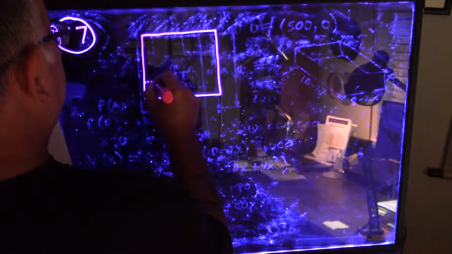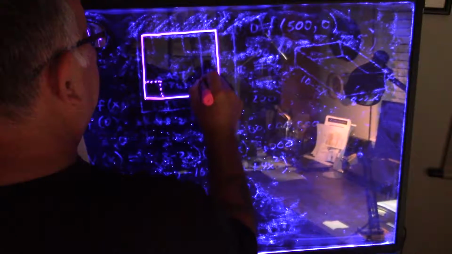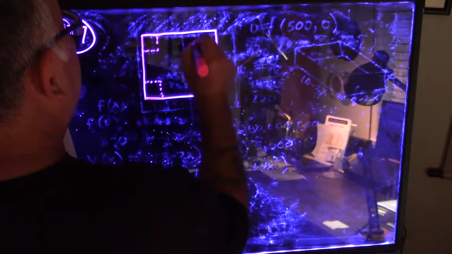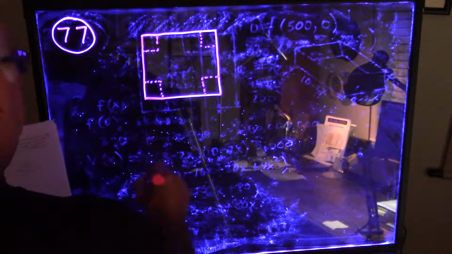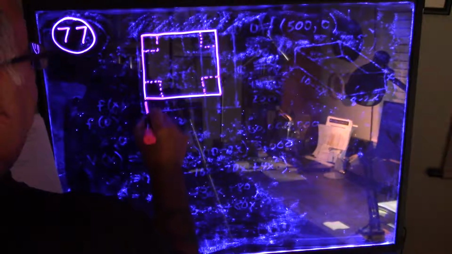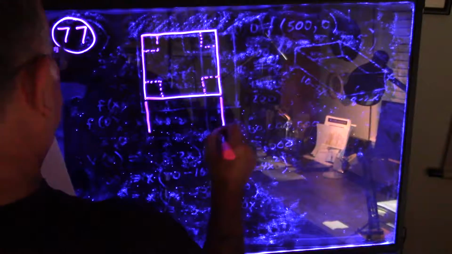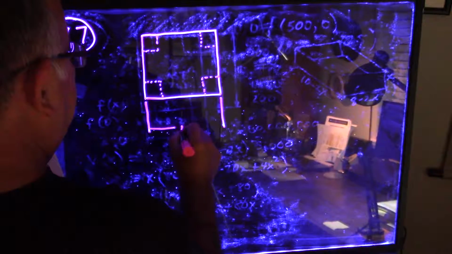And cut your square's corners out. So I just need to label one side since they're all the same. Sides are all the same. And this is 12 units.